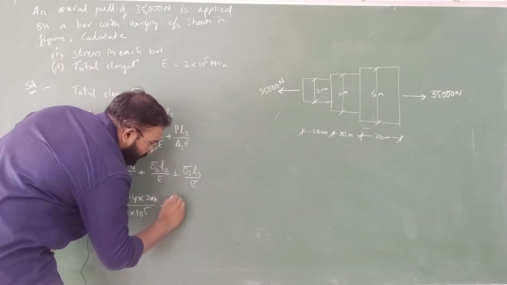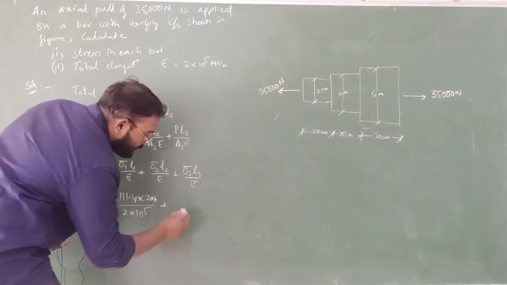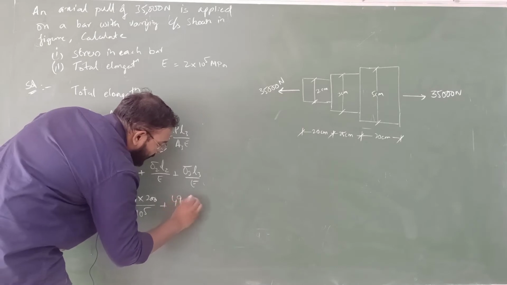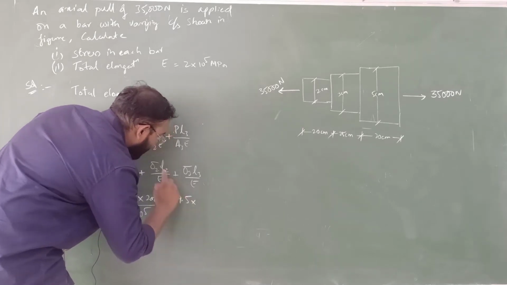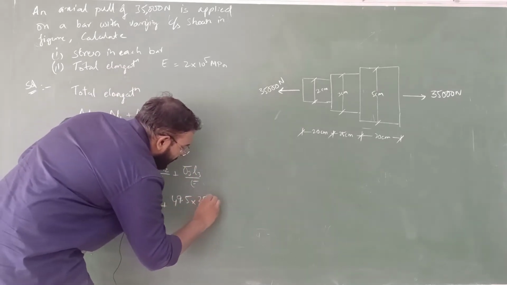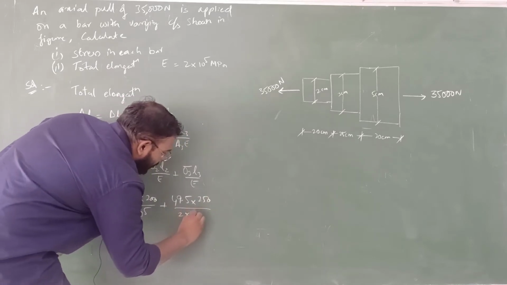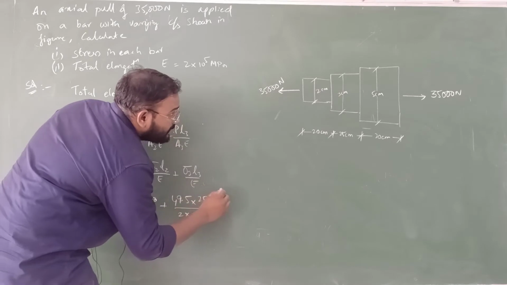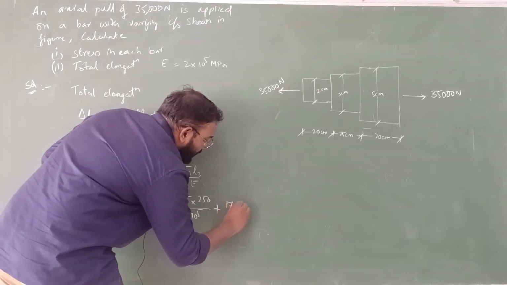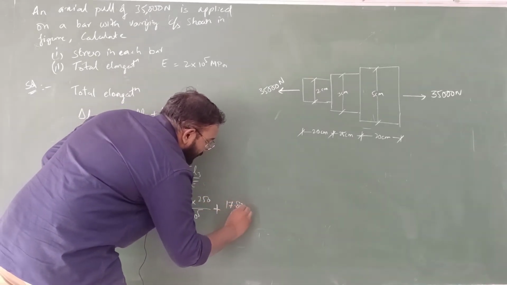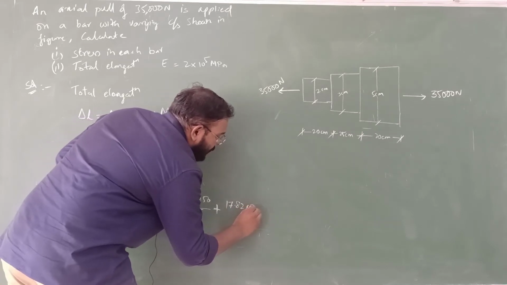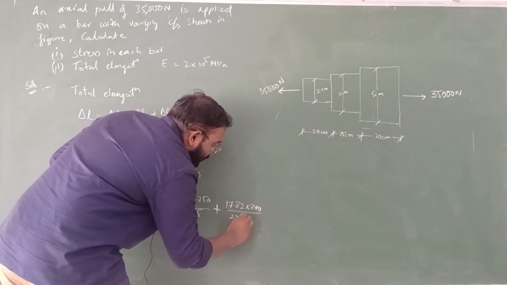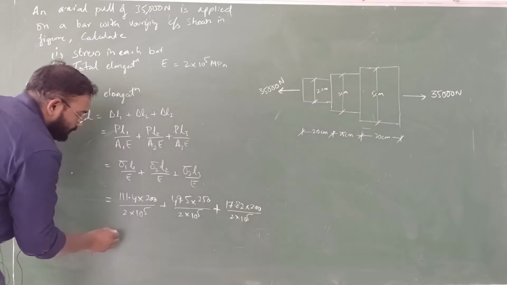What is the answer for sigma 2? 49.5 multiplied by L2. L2 is 250 divided by 2 into 10 power 5 plus sigma 3, which is 17.82 multiplied by 200 divided by 2 into 10 power 5.